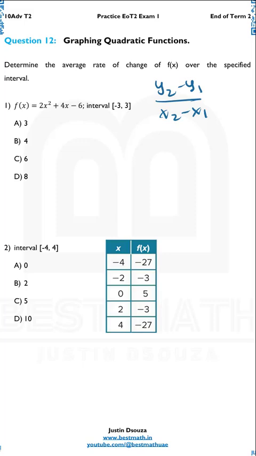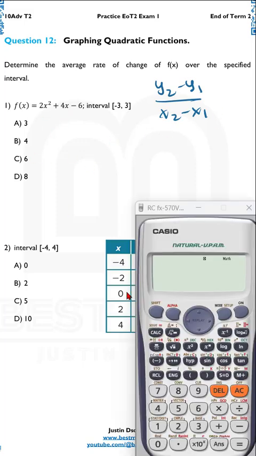But since we have the interval given and the function is also given, I'm just going to use derivatives and solve. Here you can use shift dy by dx and type in the equation 2x squared plus 4x minus 6. What is the x value? It's the midpoint of minus 3 and 3. It'll be 0. The answer is 4.